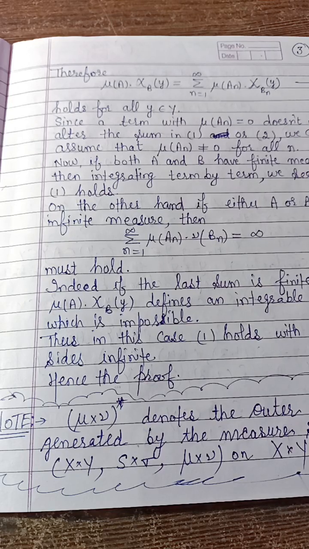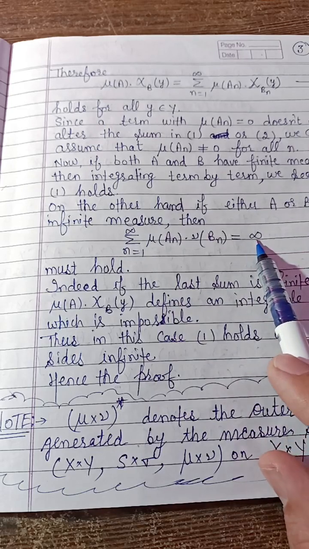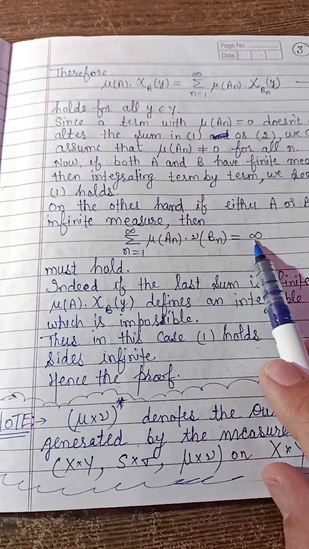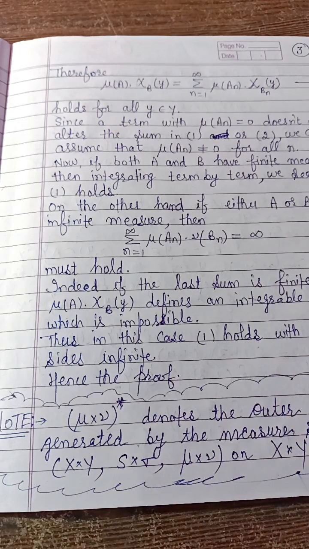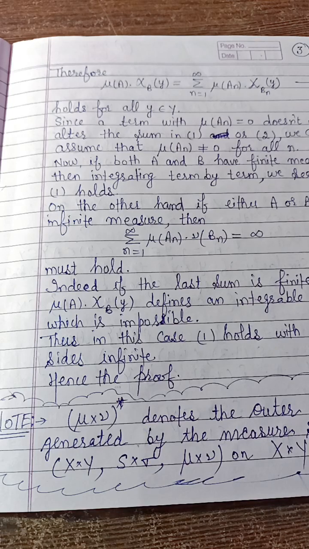That means in this case, 1 holds with both sides infinite, because I told you it was the right side of 1 and the LHS was mu into nu b. So both sides will be infinite. That means our result, whether we were taking 1 or 2, the countable subadditive property also holds.